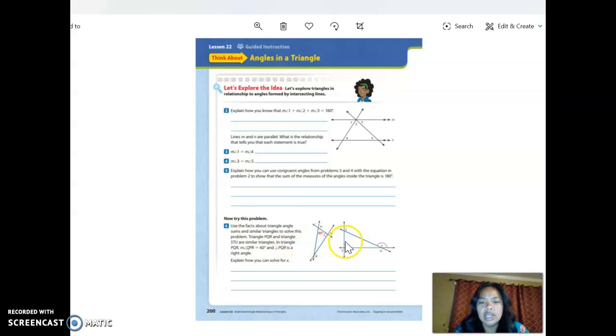So we know that this is similar to this triangle, so they're proportional. So they are both 90 degrees. And then what angle is this? So with respect to this one here, if this is 60, this one right here is 60 as well.